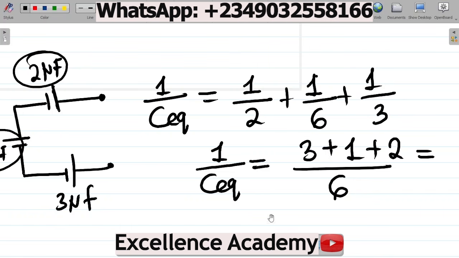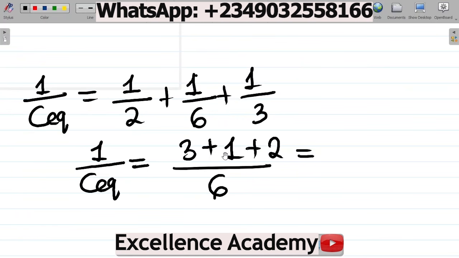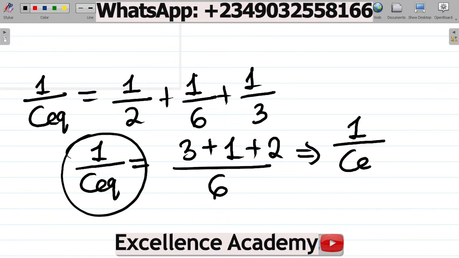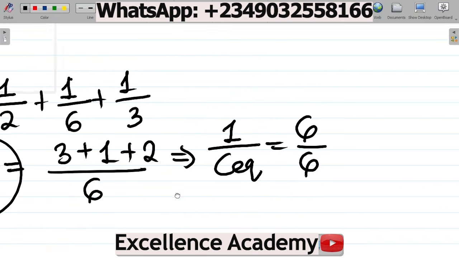So 3 plus 1 gives you 4, 4 plus 2 gives you 6. So 1 over the equivalent capacitance is equal to 6 over 6.